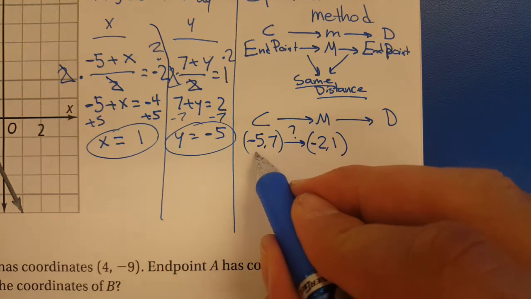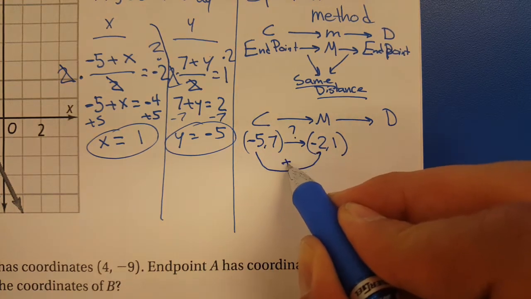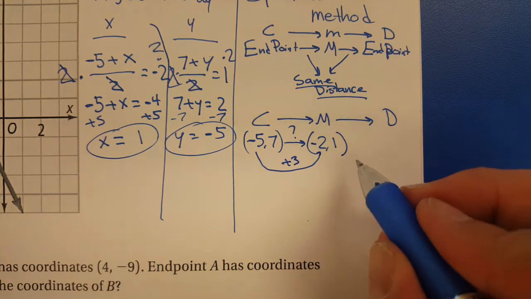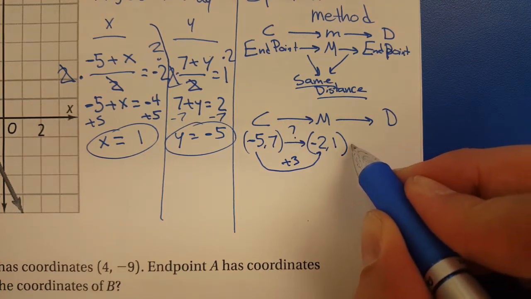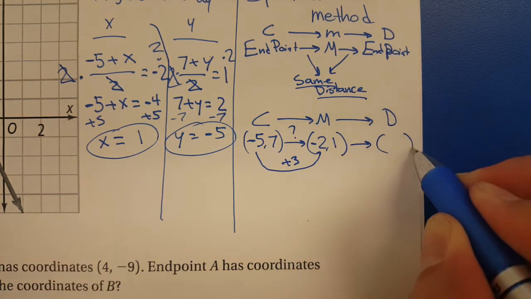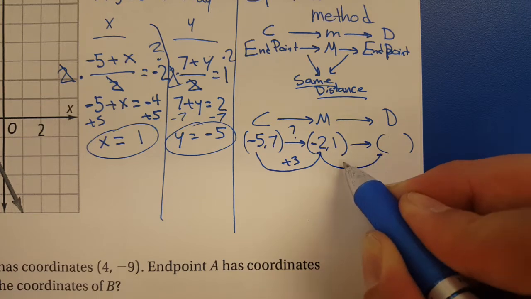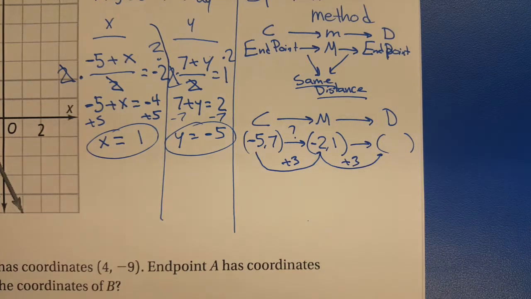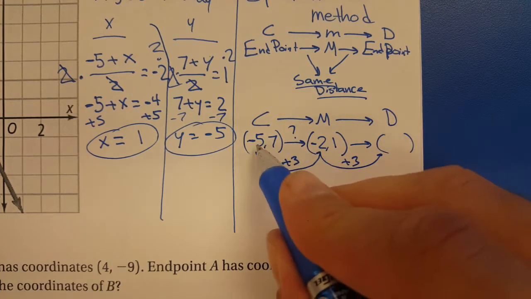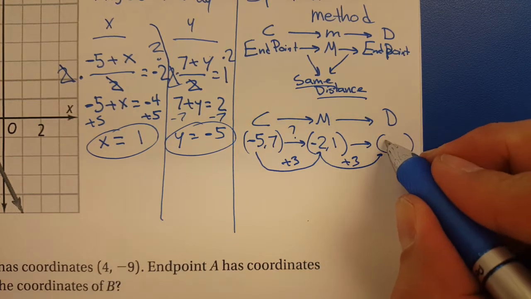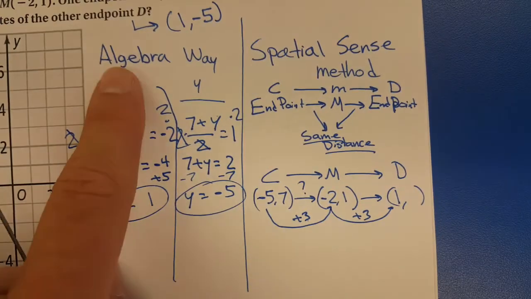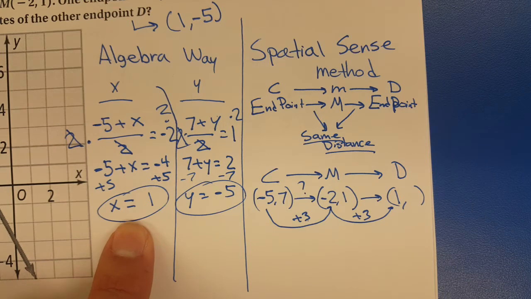So the x coordinates did a plus 3. So do that again. This x coordinate over here, plus 3. Same move. Plus 3, so add a 3, 1. That's what we got over here. Wow, same number. Crazy, right?